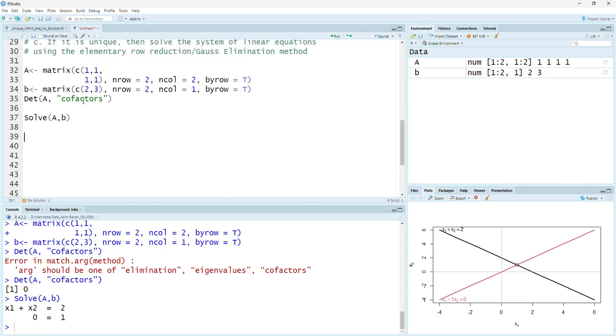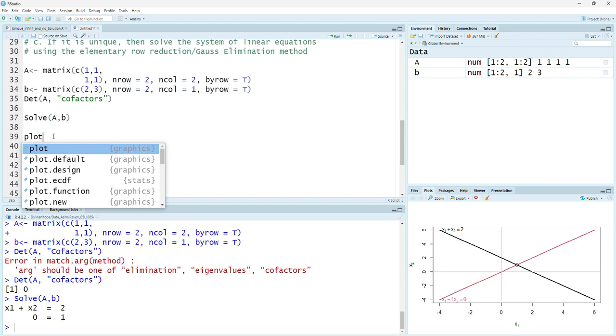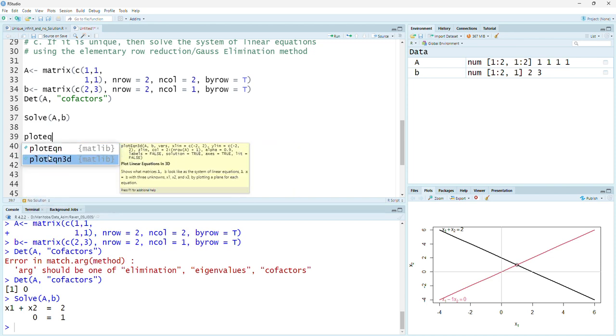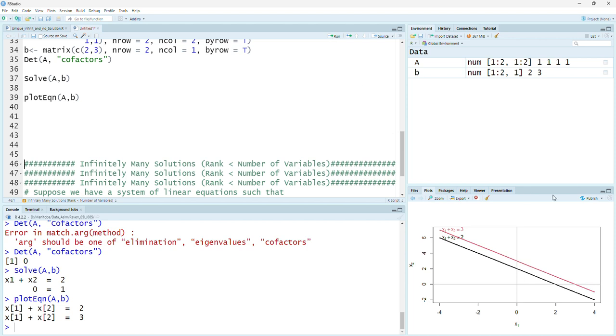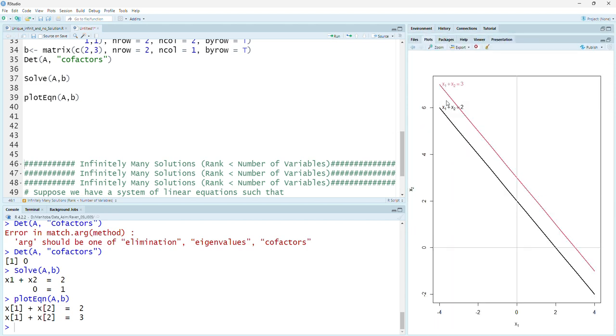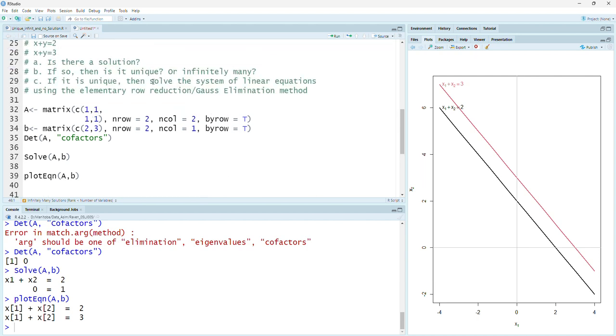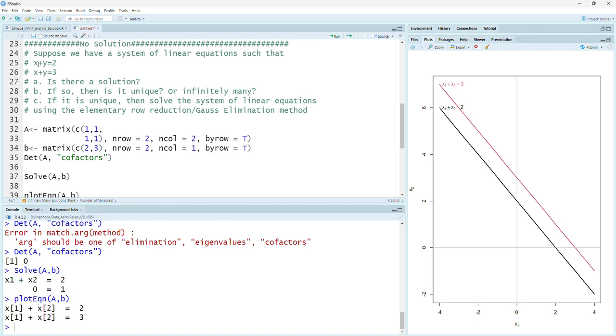So it means there is no solution. If you ever want to visualize it, let's plot it. Plot equation A and B. If you plot it, you will see two lines. These two lines are parallel lines. The red one represents x1 plus x2 is equal to 2, and the other one is the black one.